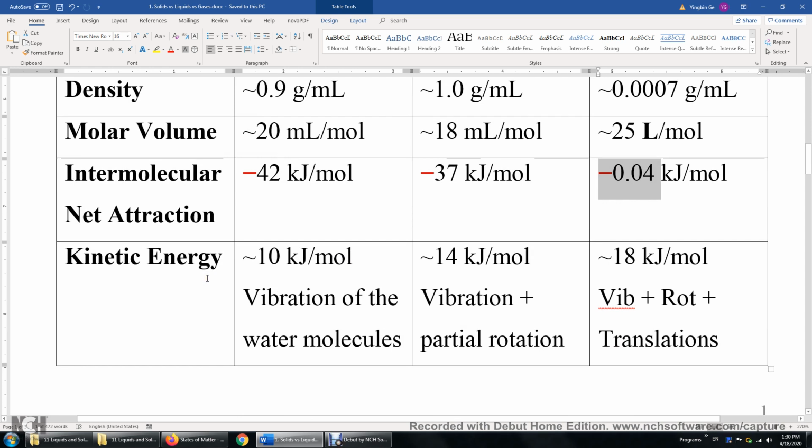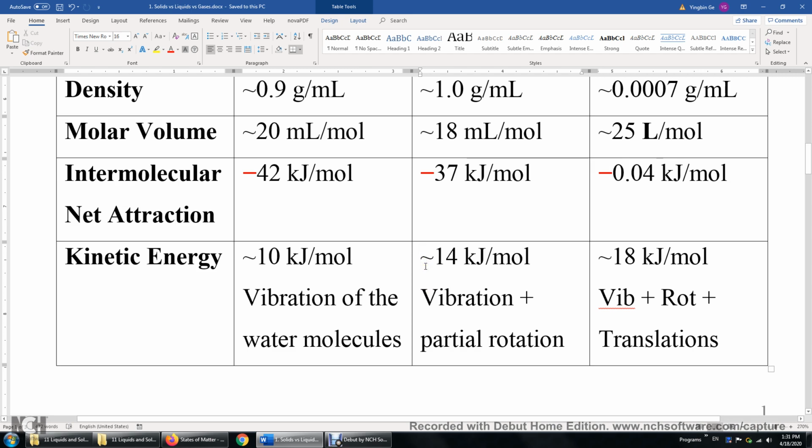Kinetic energy. In the solid phase, the water molecules can only vibrate locally. For example, the vibration of the OH bonds in water molecules. In the liquid phase, it's possible for a water molecule to rotate.